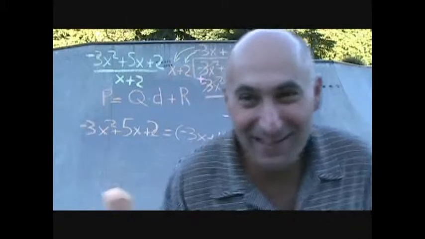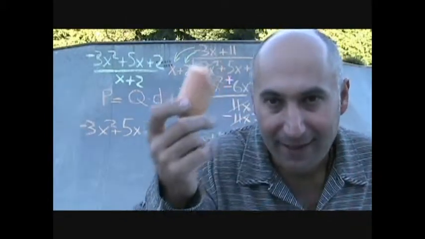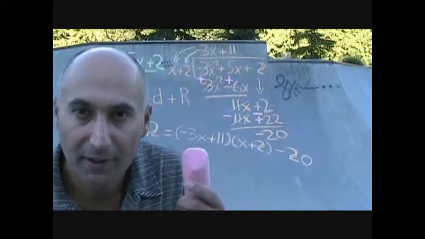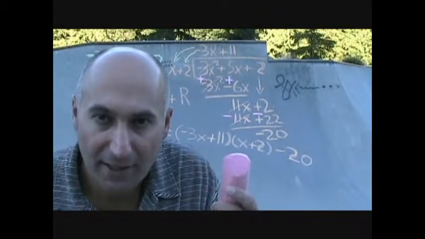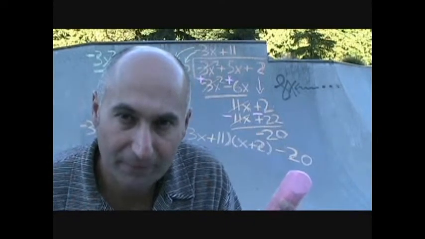Anyway, so basically what we have is our product, this guy, is equal to that guy times that guy plus that guy. So this, the numerator, is equal to negative 3x plus 11 times x plus 2 minus 20, right?